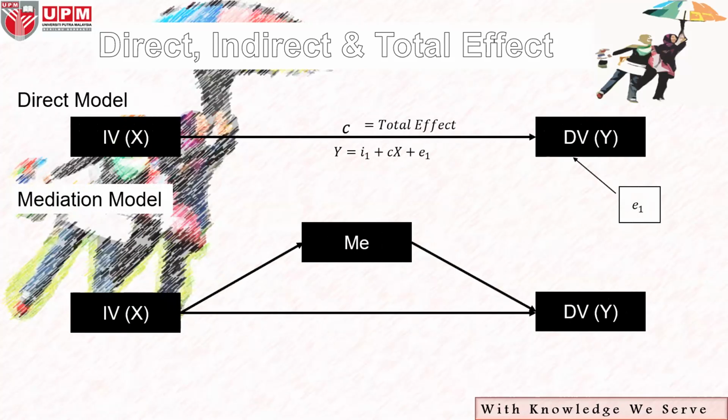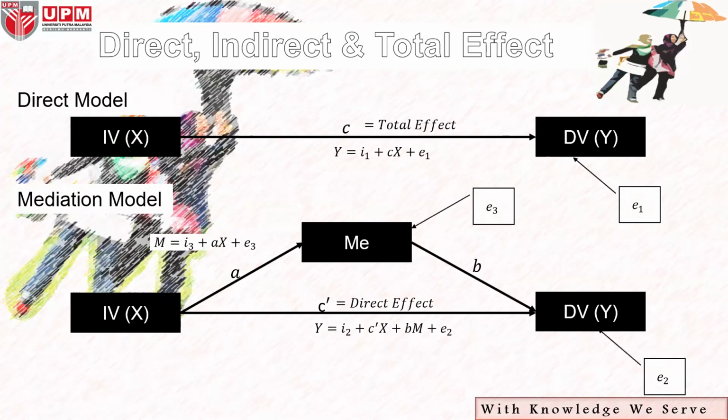Mediation model. Okay, A, B, C prime. Jangan confuse. Yang ni direct model ni referring we measure the total effect. In mediation model we measure the indirect and direct effect. Okay, direct ni direct model, ni direct effect. Lain.